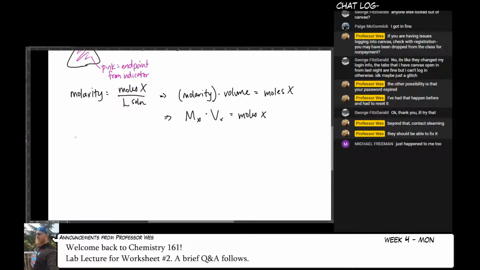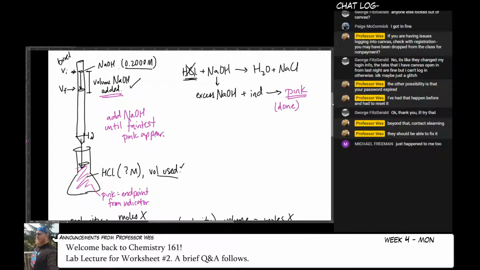Okay, so we could say molarity of sodium hydroxide times the volume of sodium hydroxide used would be the number of moles of sodium hydroxide that are in the container, or that were in the burette that we use. So this right here would represent this chunk right here that we used.